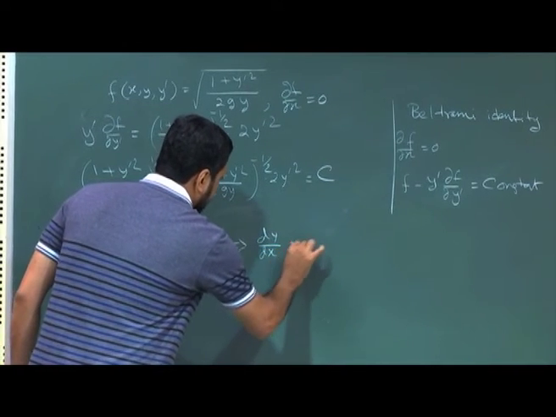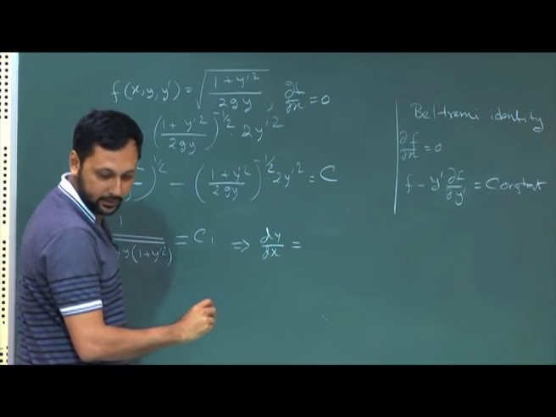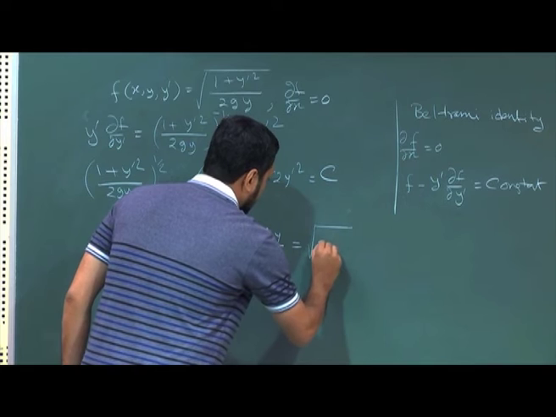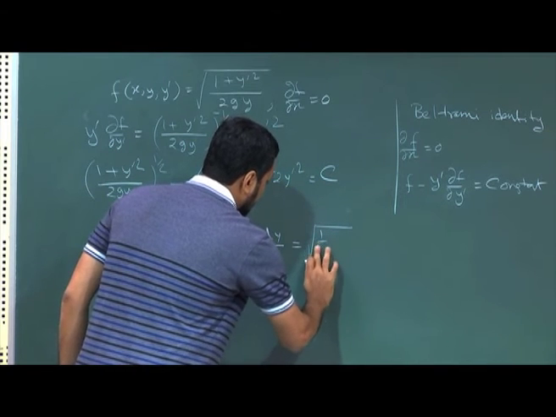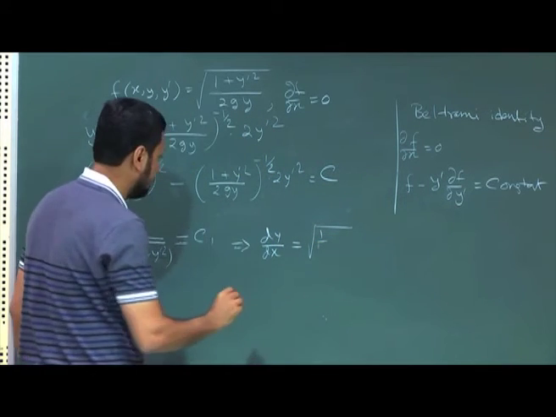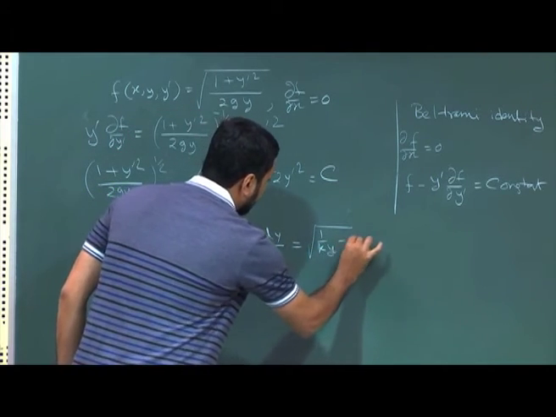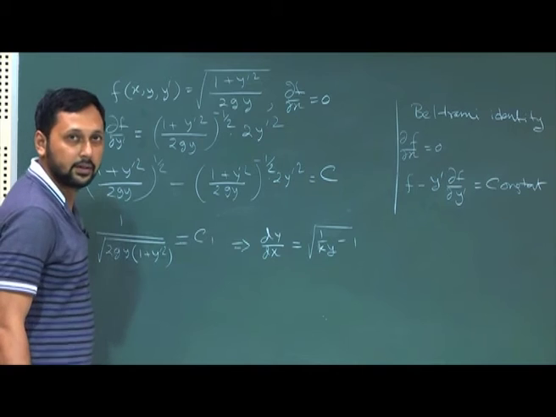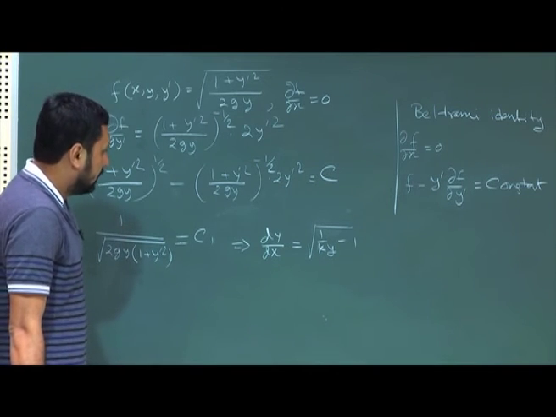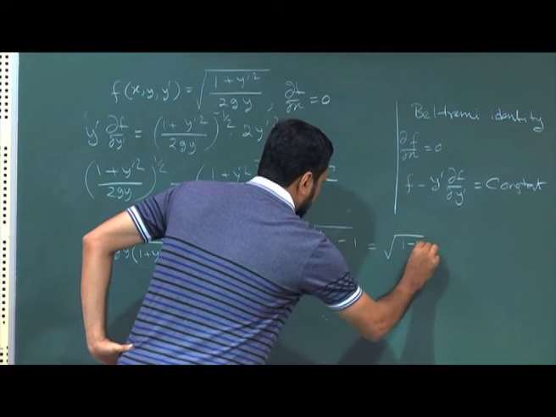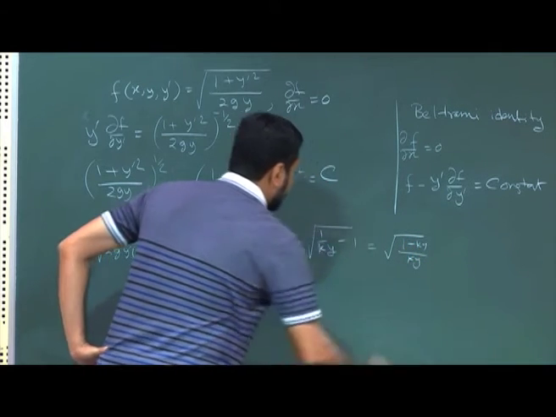or final differential equation as dy dx equal to root over (1 by some constant k y minus 1), right. Okay. So, if you wish, we can write it as 1 minus k y by k y, right.